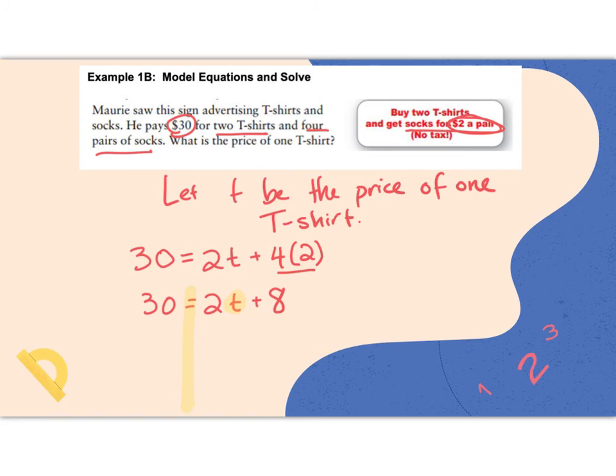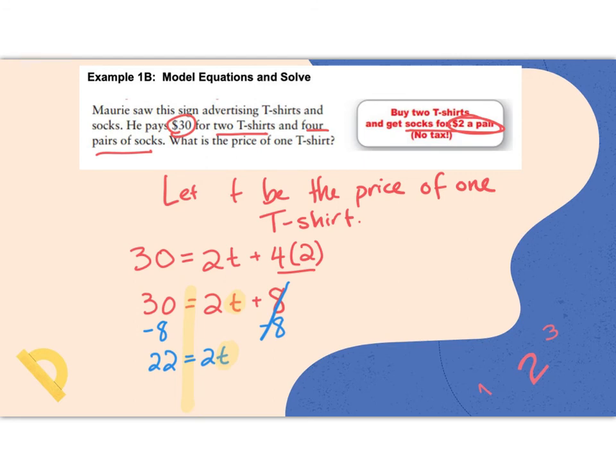So in order to get rid of this +8, the opposite is to subtract 8. So that 8 minus 8 gives me 0. I can get rid of it. I also have to do the same thing to the left-hand side. So now I have 30 minus 8. That's going to get me to 22 equals 2t. And then if I highlight my variable again, I need to get t by itself.